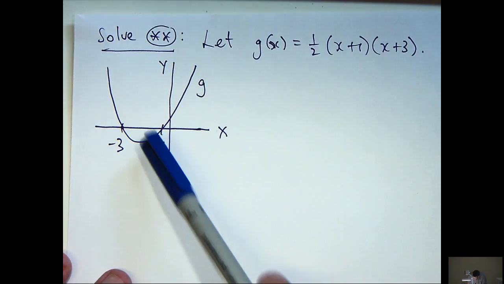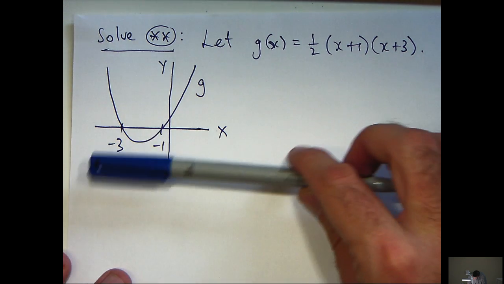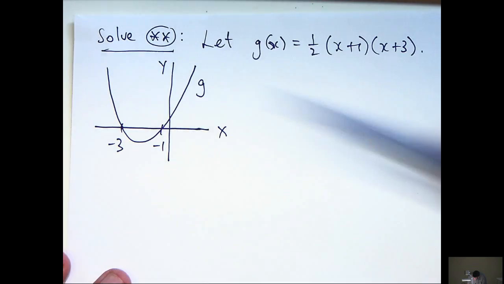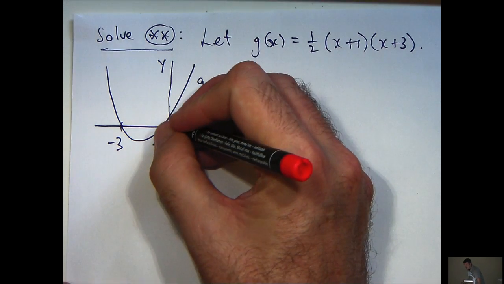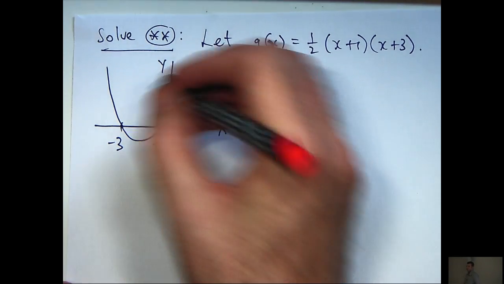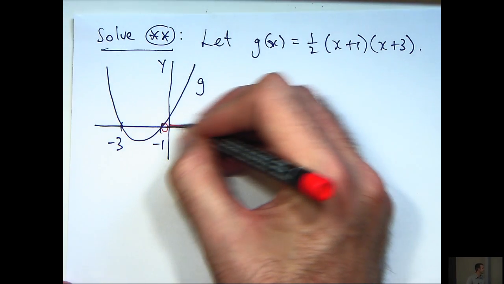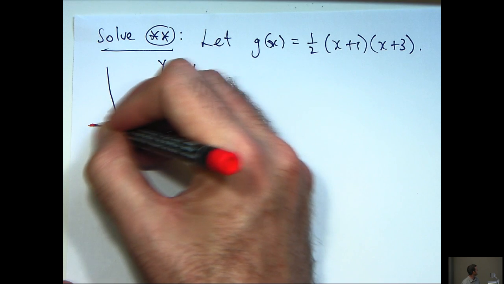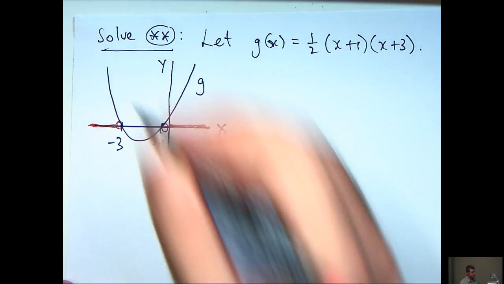So let's look at this and see, okay, where does the graph lie above the x-axis? Well, the corresponding x points that lie on the x-axis are here and here.